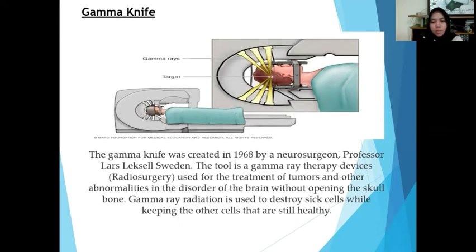The tool is a gamma ray therapy device, radiosurgery, used for the treatment of tumors and other abnormalities in the disorder of the brain without opening the skull bone. Gamma ray radiation is used to destroy sick cells while keeping the other cells that are still healthy.